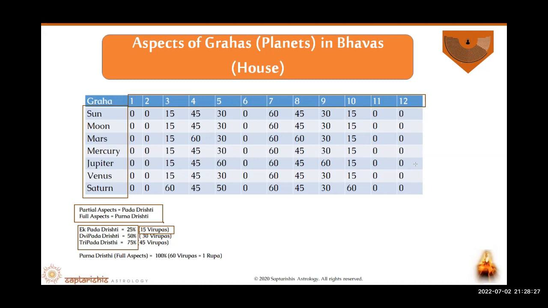Now these numbers are the measurement. So 15, you see Sun in third house is giving 15. What is 15? These 15 are virupas. The 15 virupas means in terms of percentage, we can assume 25%. Sun is having 25% influence on the third house. Sun is having 45 virupas, which means 75% influence.